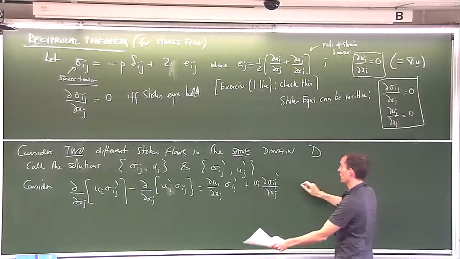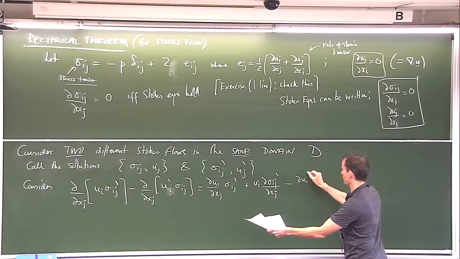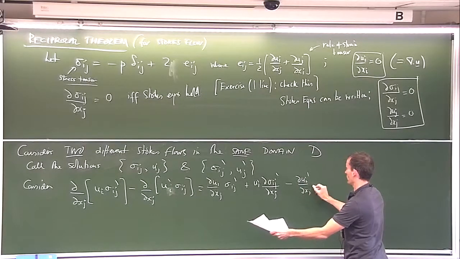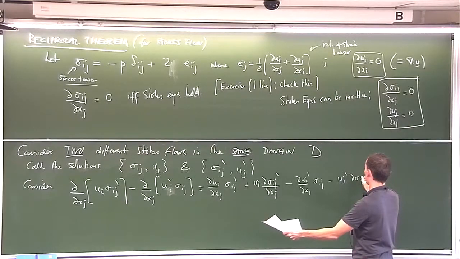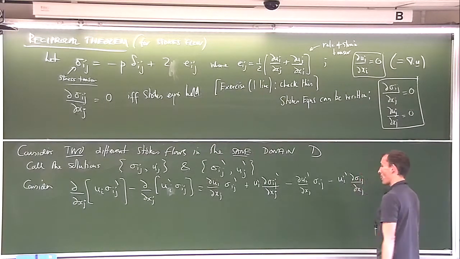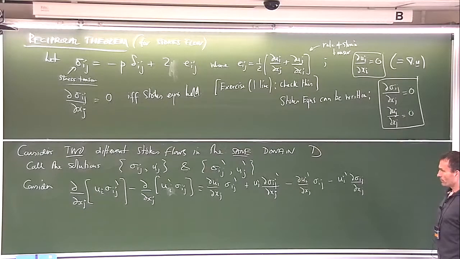Okay, that's the first one. I'm going to subtract the du i prime by dxj sigma ij minus ui prime d sigma ij by dxj. That's just the product rule.